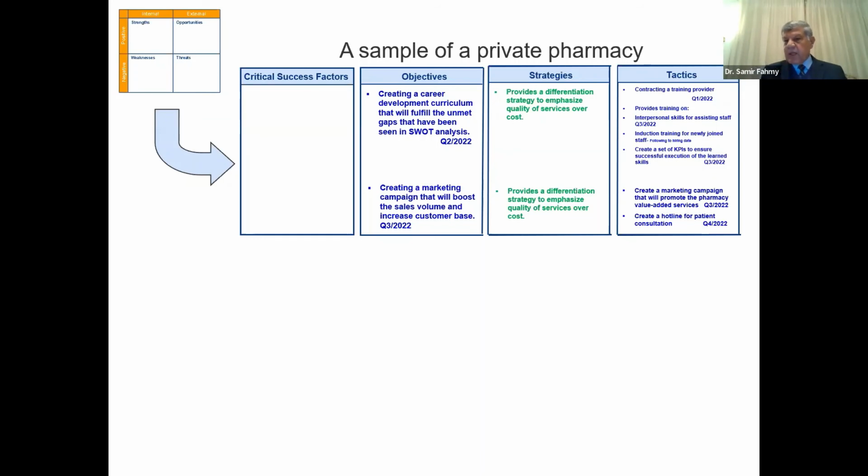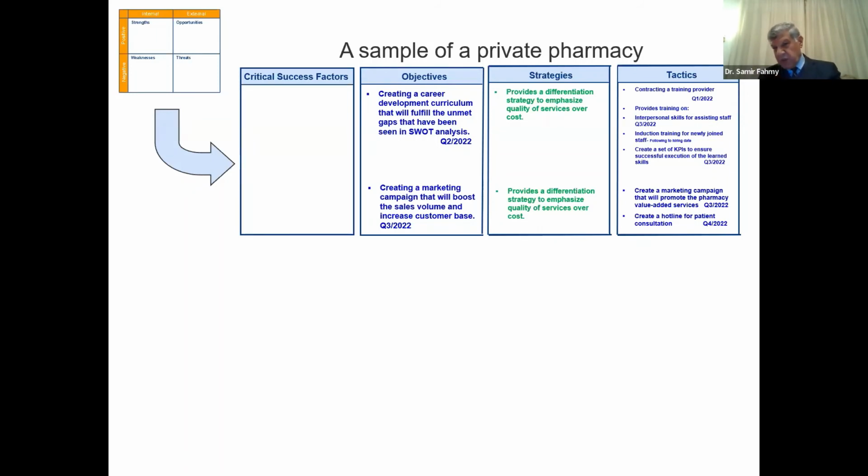Here we'll check what will make the pharmacy provide better service than other pharmacies delivering the same services. Also, create a hotline for patient consultation. This is another value added.